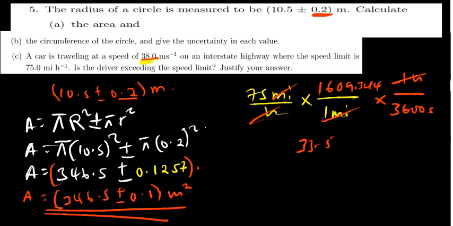Okay. Oh, okay, yeah. The speed limit is 75. Oh, I thought maybe the question was saying that the speed limit is this one. Okay. The speed limit is 75. Now, the guy is traveling at 38. So, the speed limit is 33.5. Okay, yeah, thank you. So, what is the conclusion now?